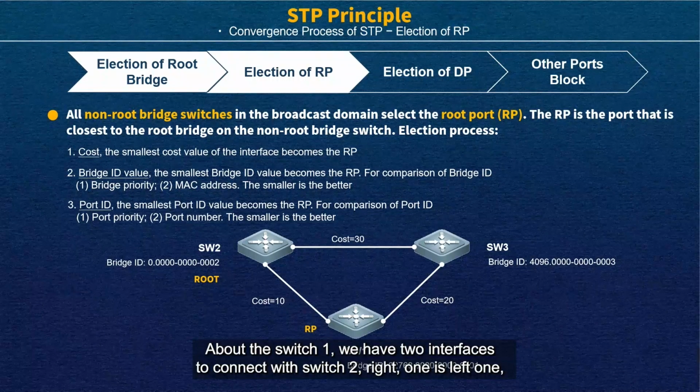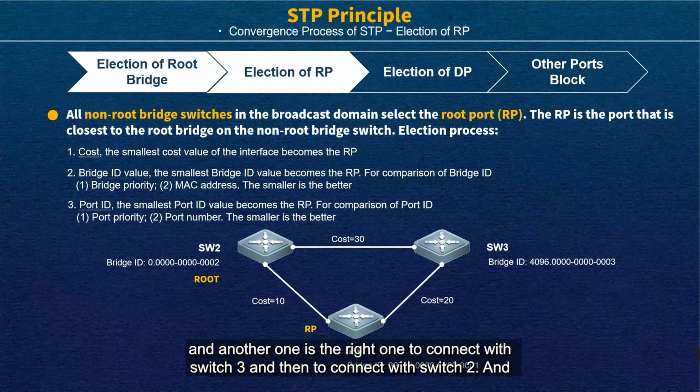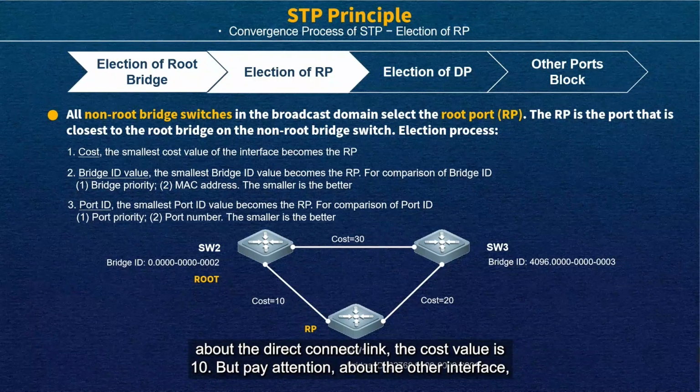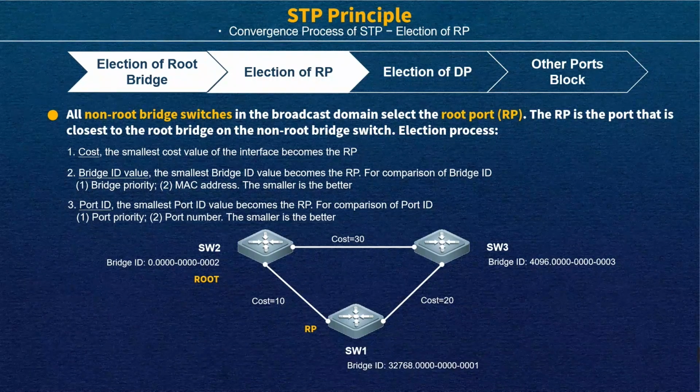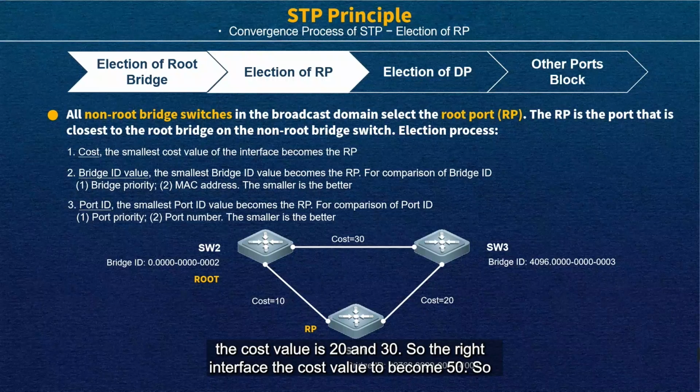On switch 1, we have two interfaces to connect with switch 2, right? One is the left one, and another one is the right one to connect with switch 3 and then to connect with switch 2. About the direct link, the cost value is 10. But pay attention to the other interface. The cost value is 20 and 30.